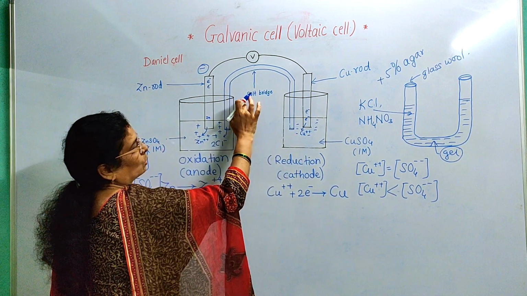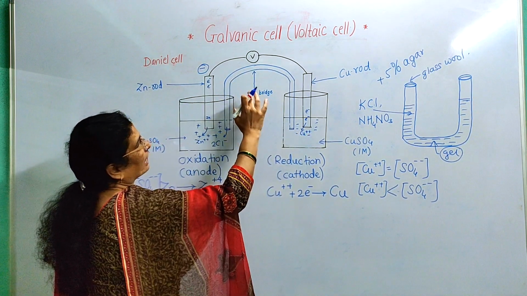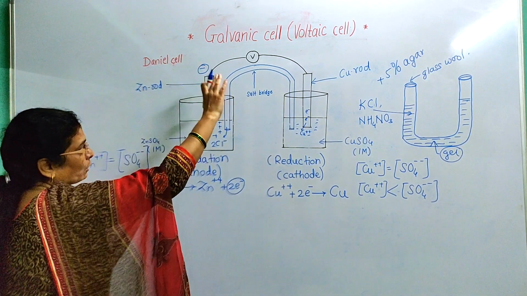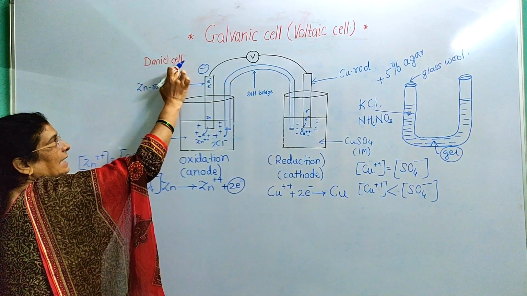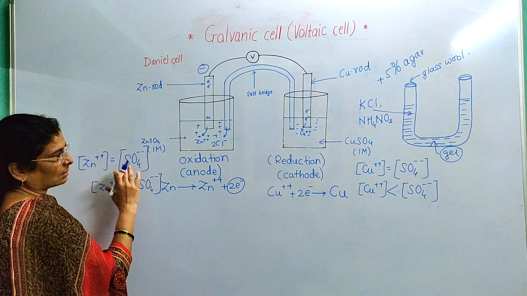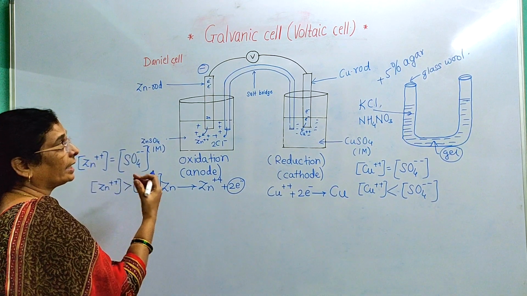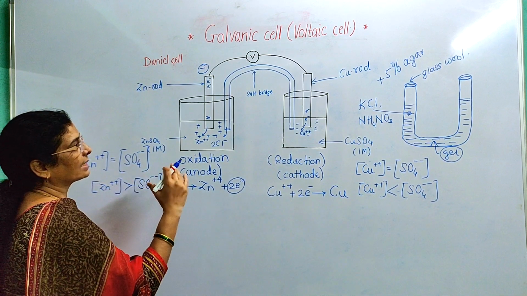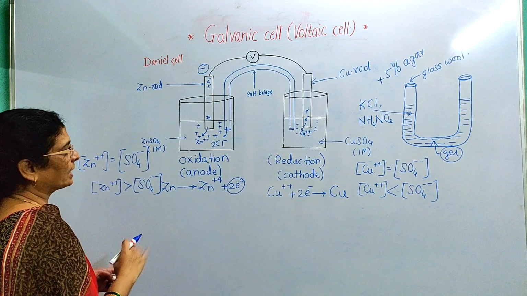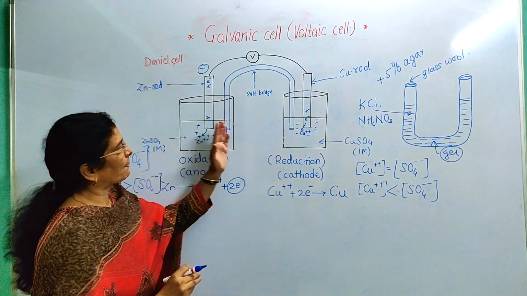Like this, we can consider the functions of a salt bridge. And by using the Daniell cell, we have studied how any galvanic cell or voltaic cell is constructed. First, we have to take two half cells.